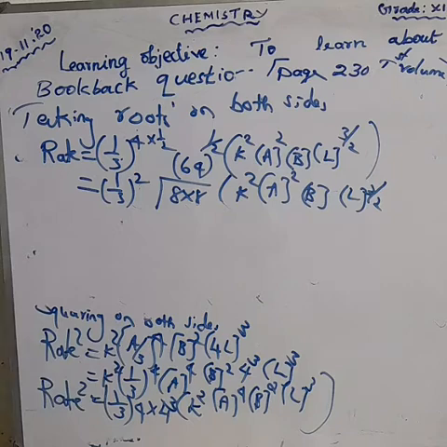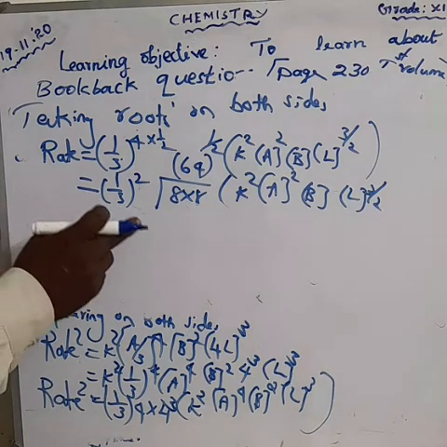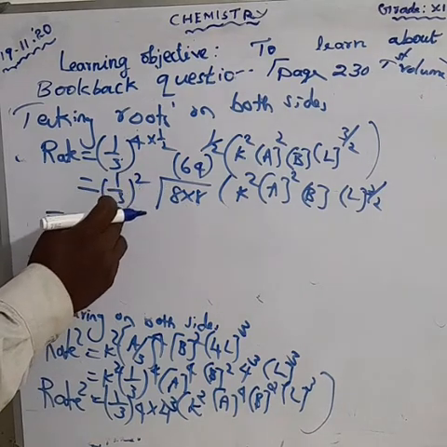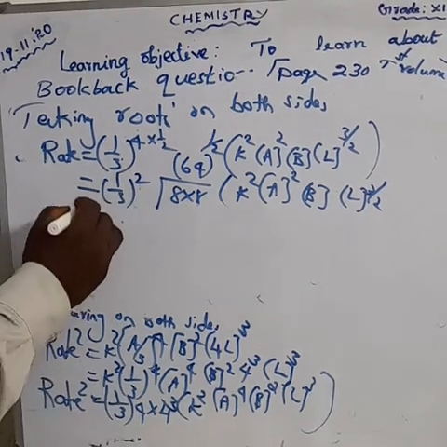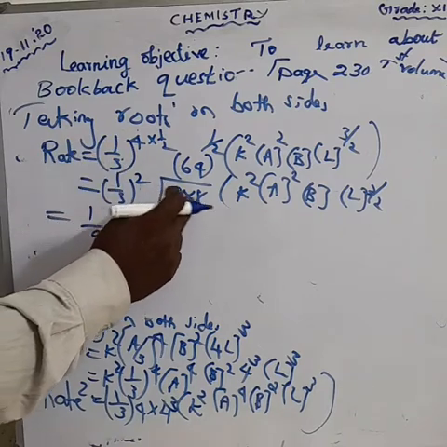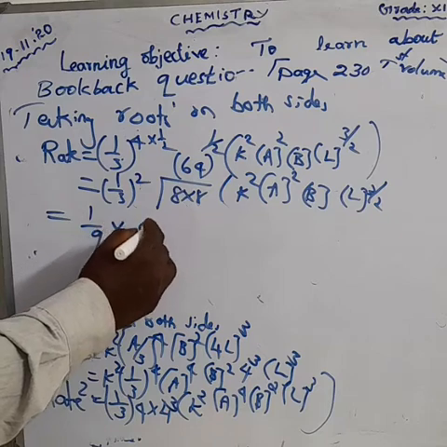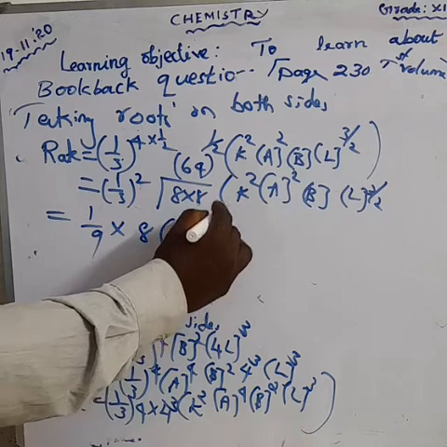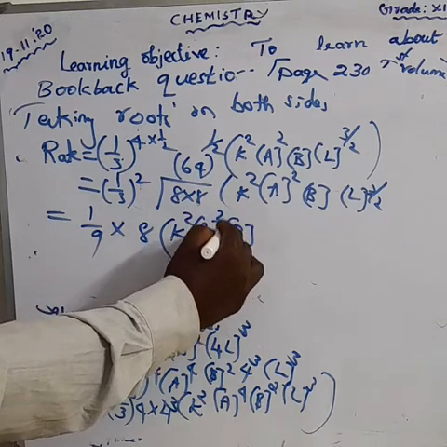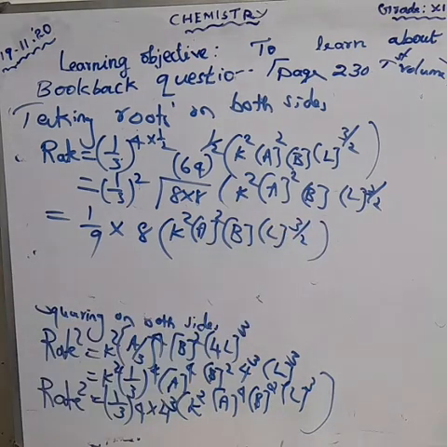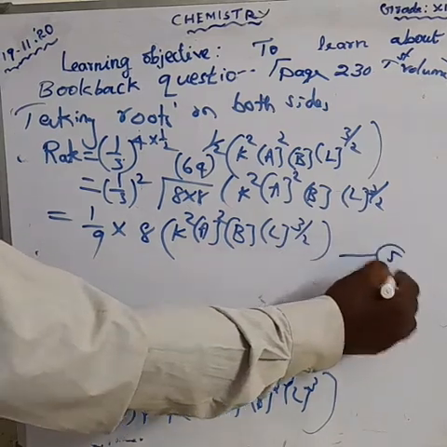So here 3 square can be written as 1 by 9, into root of 8 into 8 which can be written as 8, K square A square B L 3 by 2. Clear? Anyhow, this is equation number 5.